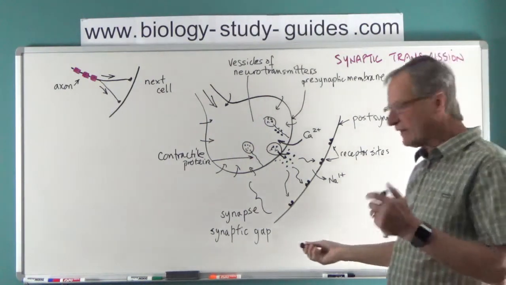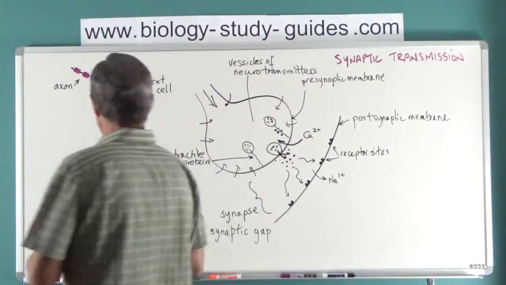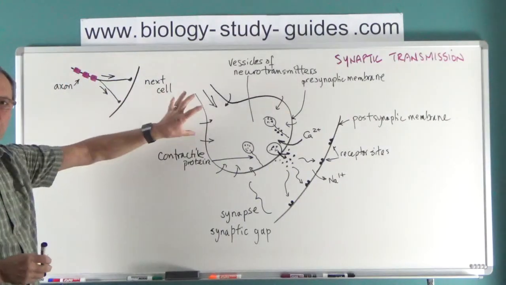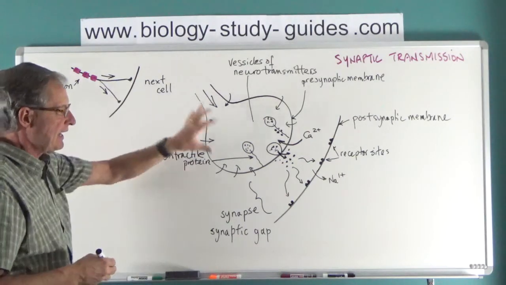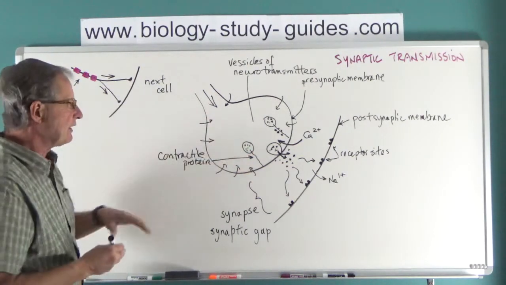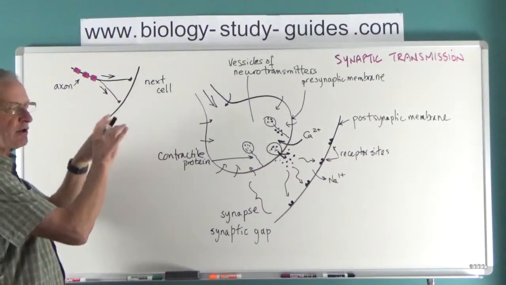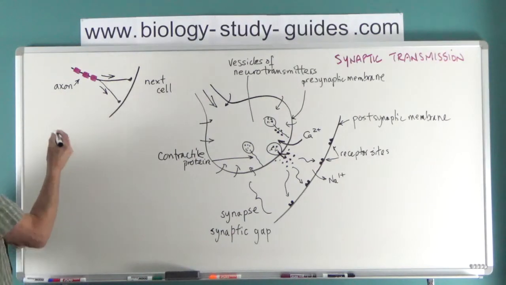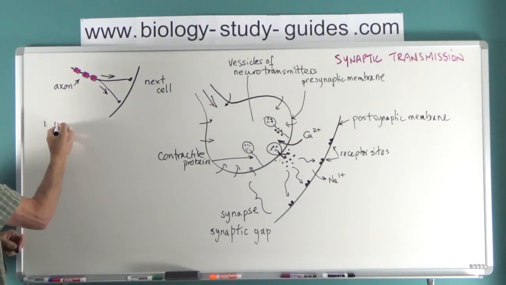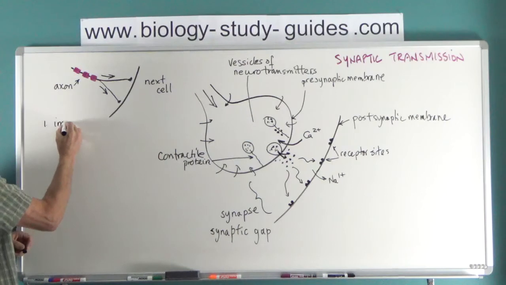But before we leave it, I'd like to just mention the whole sequence of events, because it's this happens, then that happens, then that happens, and I've written all over the board here, but let me pull those pieces back out. If you can remember the structure the way it was at the beginning, then what we have, quite simply, is the impulse arrives at the end of the axon.